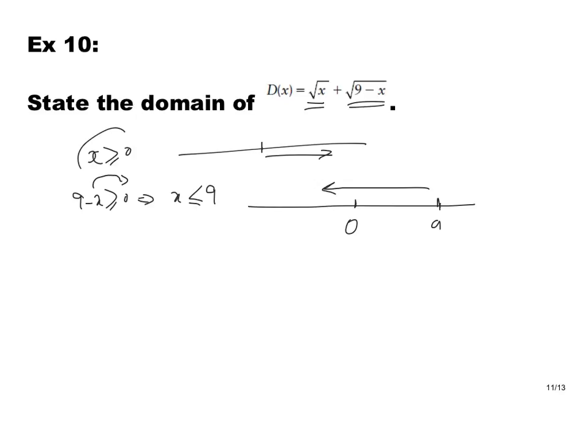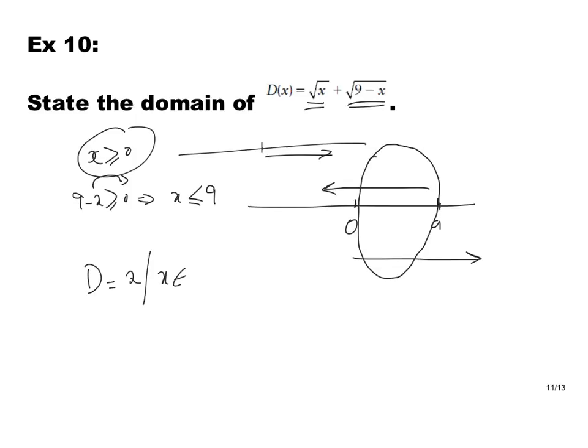The first part says everything to the right of 0 is the answer. So the valid points or the domain is everything between 0 and 9. So we say domain is x such that x in real numbers and x is less than or equal to 9, greater than or equal to 0.